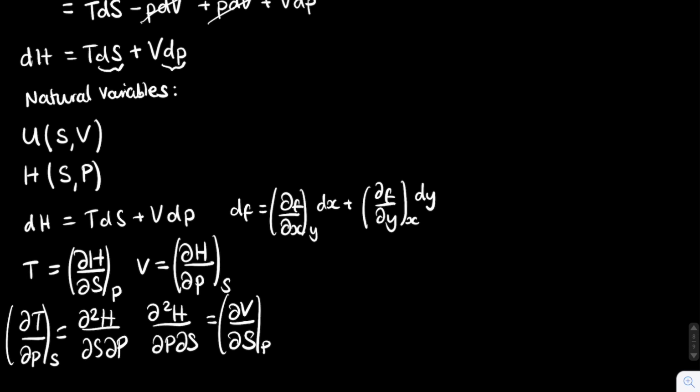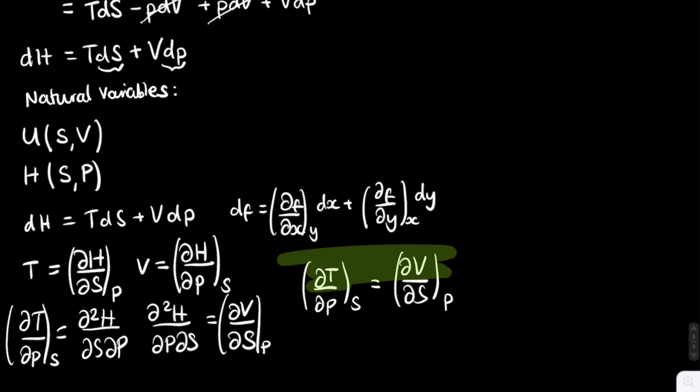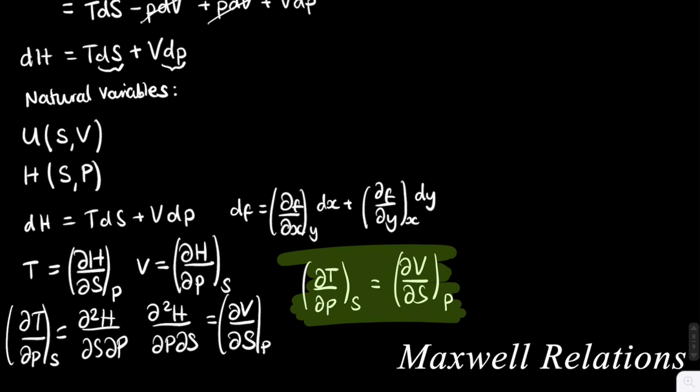And so, what have we got here? These two terms must be the same because they're exact differentials. And so we've now derived that dT by dP at constant entropy is equal to dV by dS at constant pressure. And this is one of the Maxwell relations that I mentioned earlier.